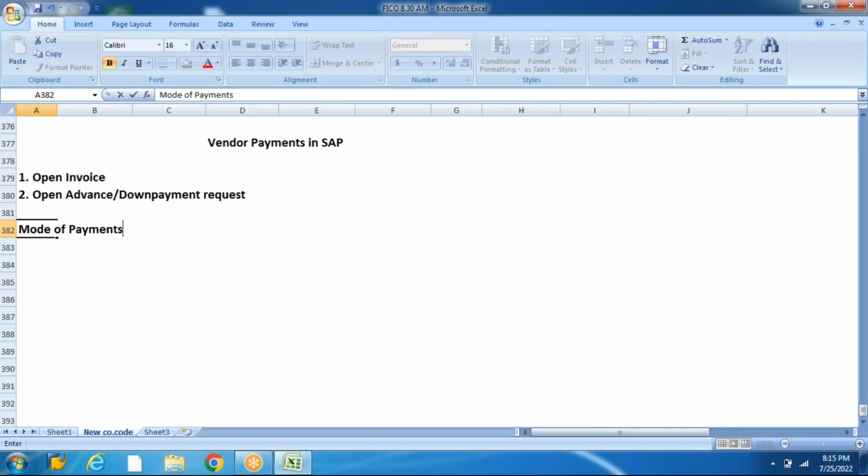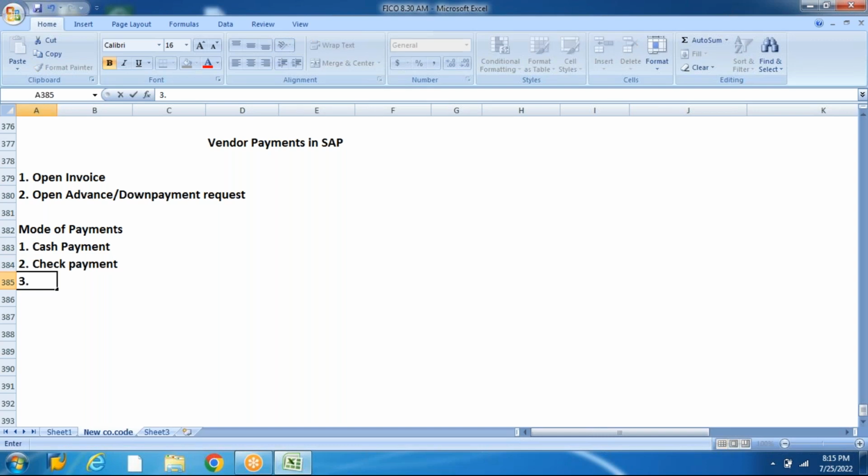Mode of payments. Normally, what modes do we use for issuing a payment? So one is your cash payment. Second one is your check payment.